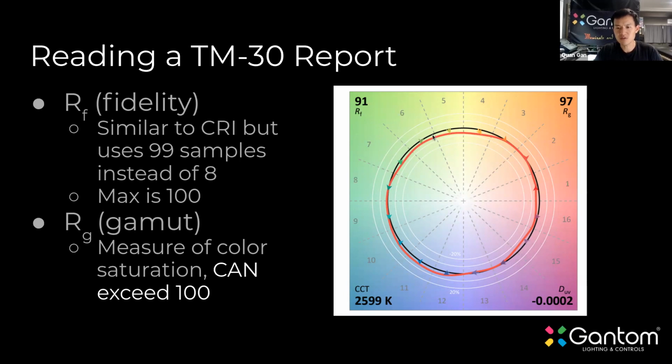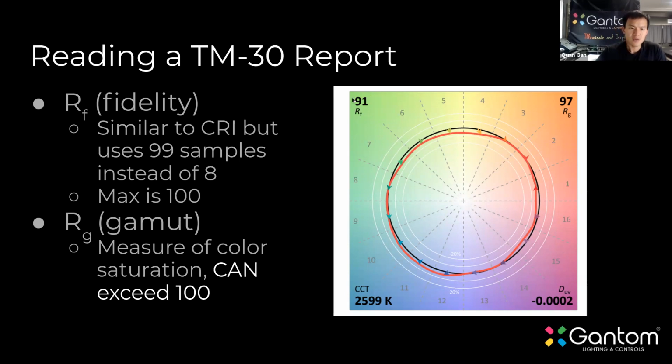So the more circular that this red is, then the higher the fidelity. So a 100 RF necessarily means that this red line is essentially completely overlapping the black 100%. Anything that is not overlapping will produce a number that's less than 100.